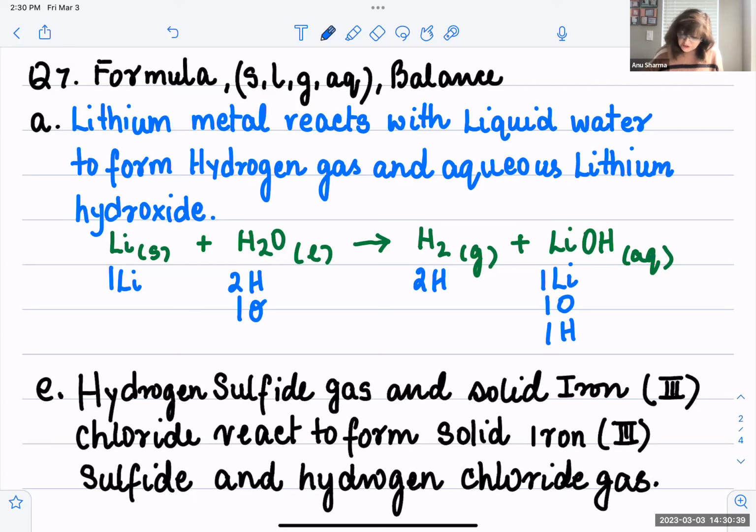There are three hydrogens actually. So two hydrogens on one side, and a total of three hydrogens on the other side. So what will you do? You have to balance it. H2O, lithium, OH, so the hydrogens are not balanced.